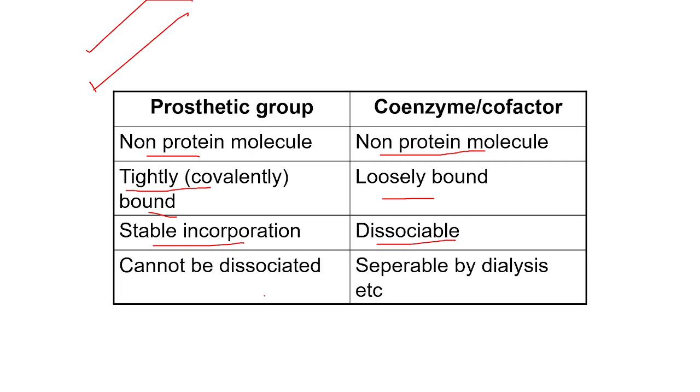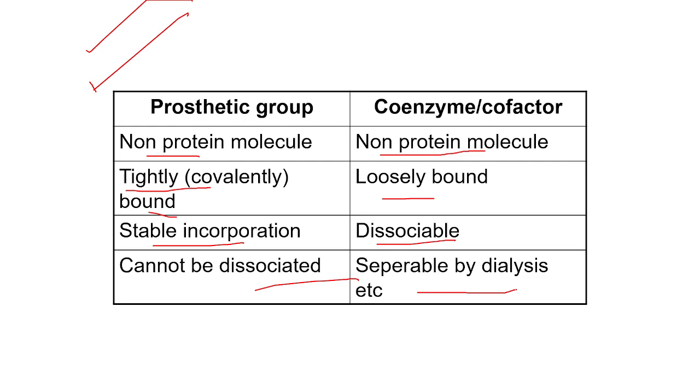Your prosthetic group cannot be dissociated, but your coenzyme can be separated by dialysis, because coenzymes or cofactors are very, very small molecules, and they do not fall above the cutoff or threshold value of the dialysis bag. The dialysis bag has very small pores that do not let your protein move out, but it maintains an equilibrium between the solution and the protein inside the bag.